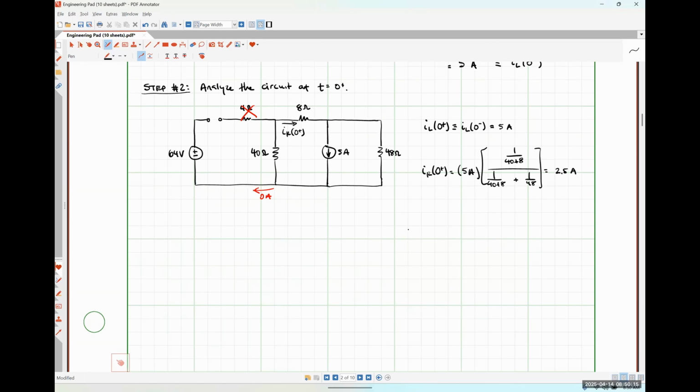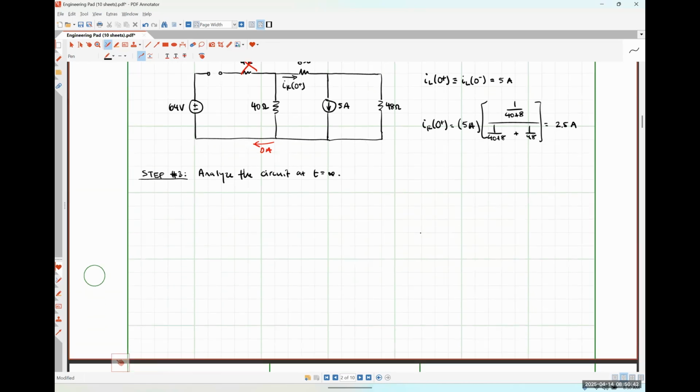But right now, every time we do it, when we're taking out our sources, it's just going to result in a 0 value, right? So essentially, step number 3 is analyze the circuit at T is equal to infinity.